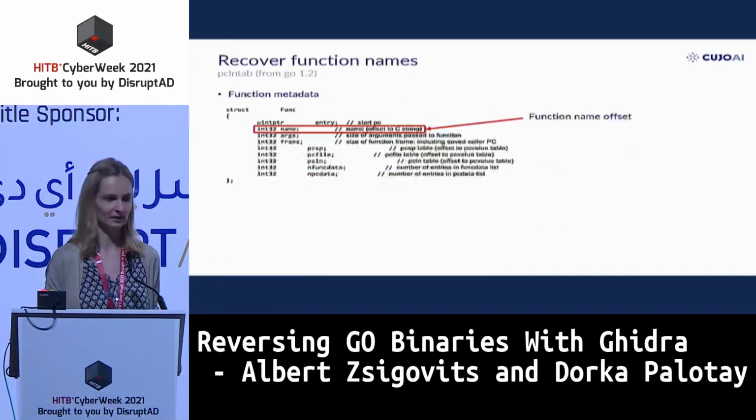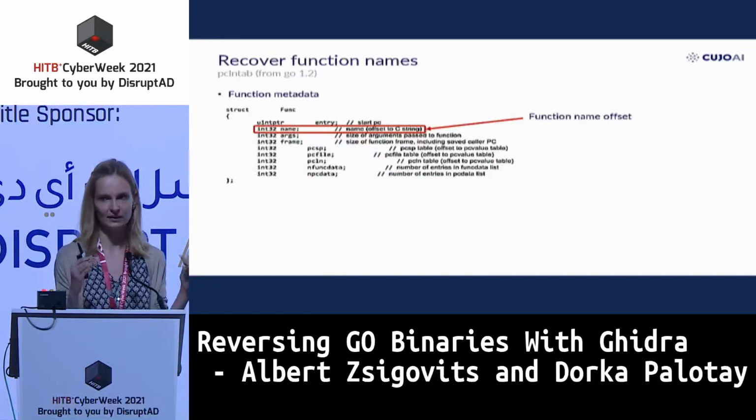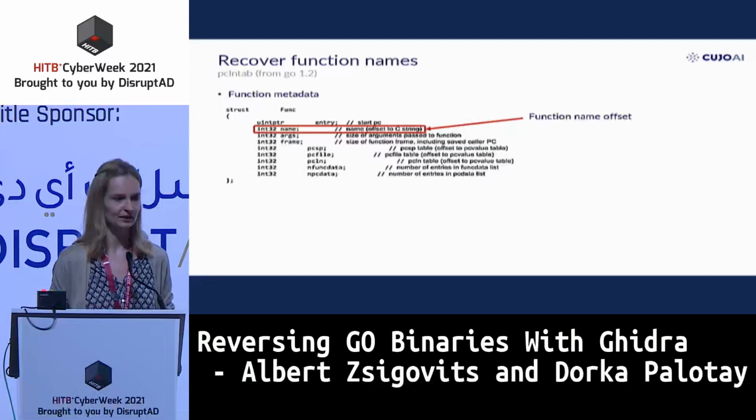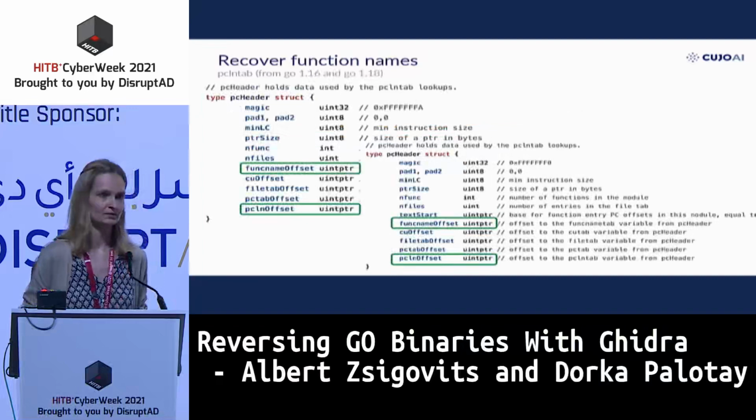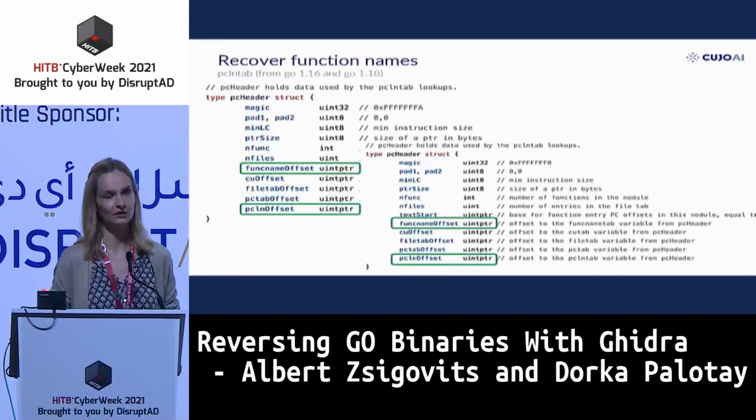So let's take a look at the function metadata table. Here it starts again with the entry point of that specific function. And then among other information, there is an offset to the function name. So where can we find the name of that specific function? This changed this year in Go version 1.16 and 1.18.